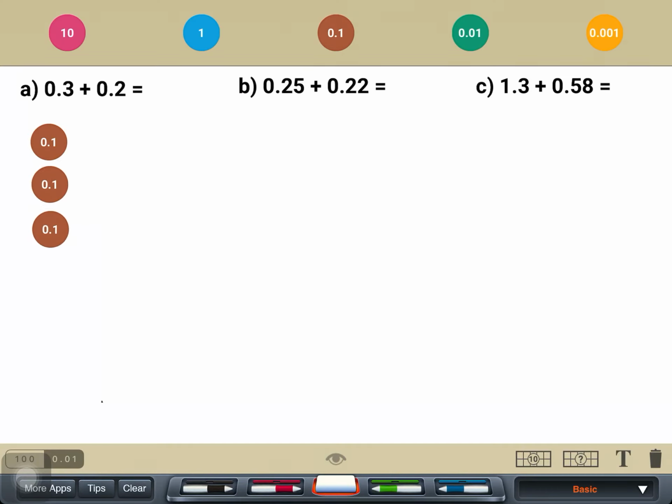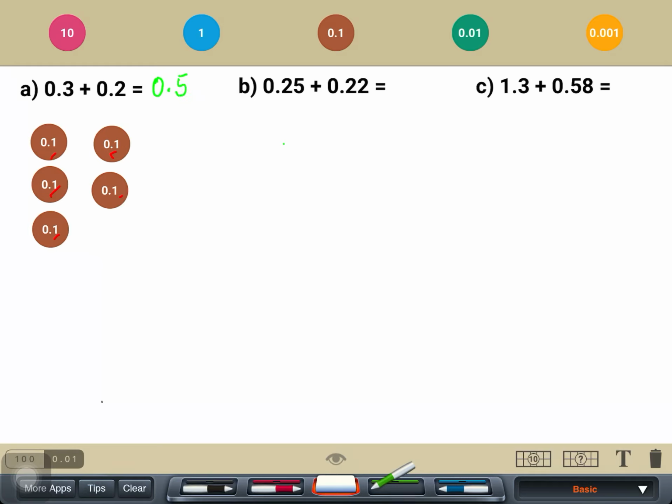Okay, so 3/10, and add it with 2/10. So that's 1 and 2. So if I'm gonna add these two all together, I have 1, 2, 3, 4, 5. 5/10. Meaning to say, our answer for the first equation would be 5/10.